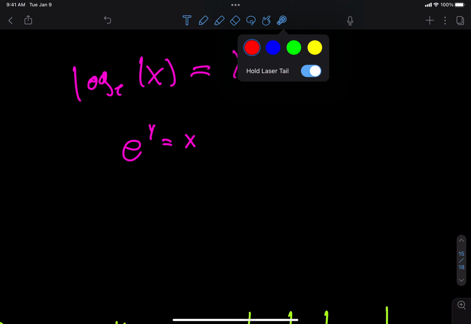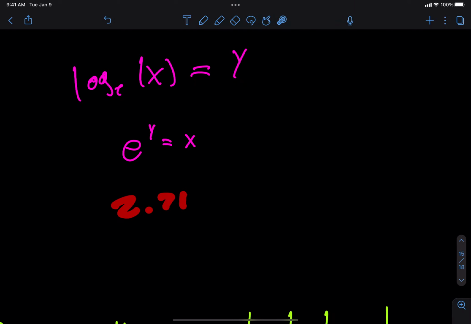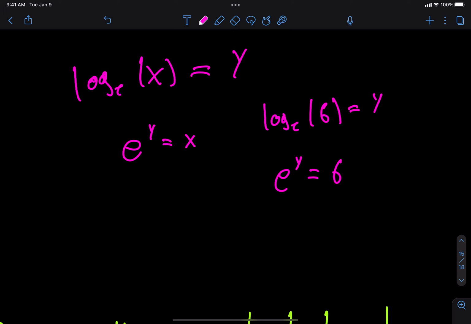So e is a number like 2.718 and so on. So you can think of what is log base e of 6? Well, that would be the number y such that e to the y is 6, which is the number such that 2.718... I take to the power y, and I get 6.